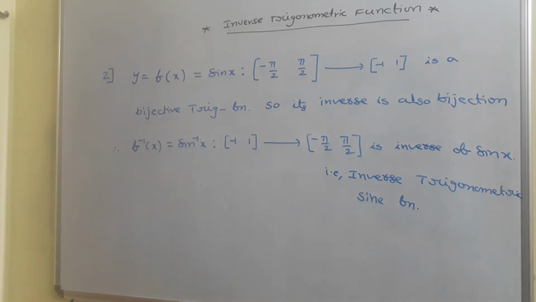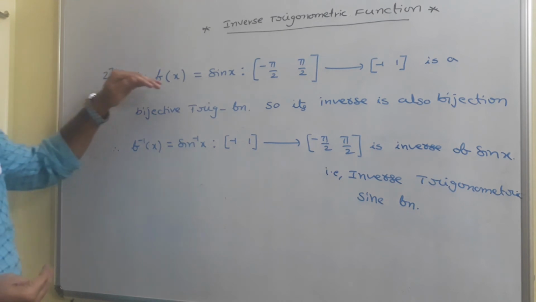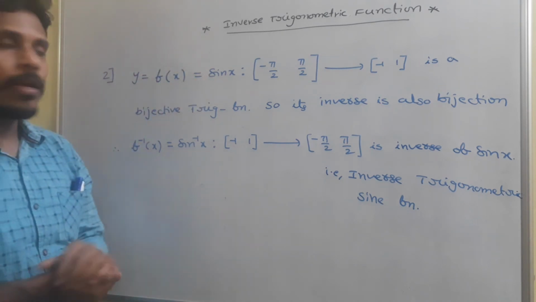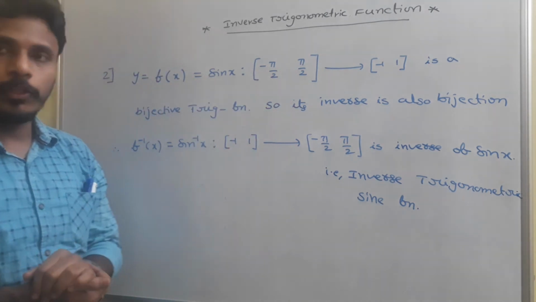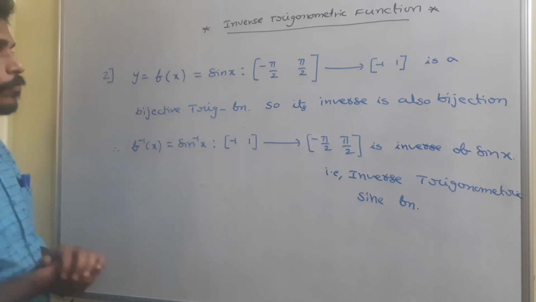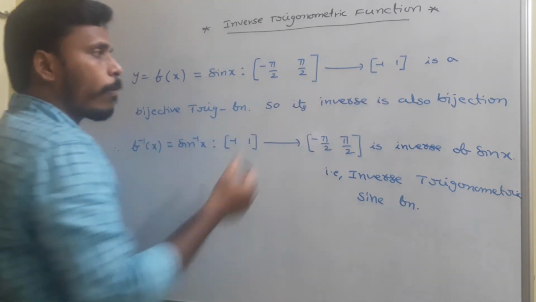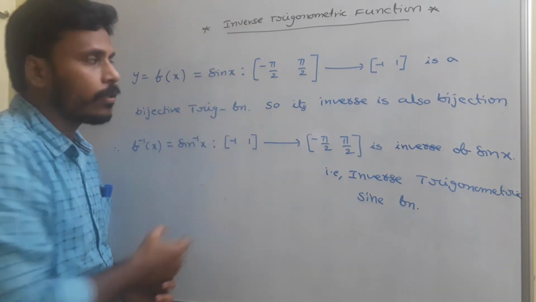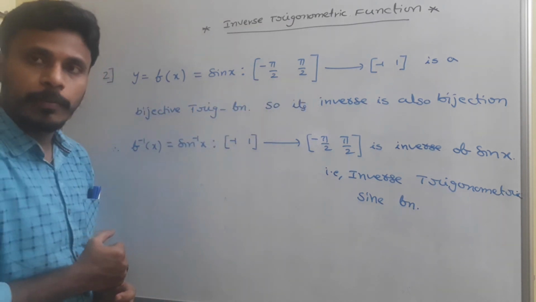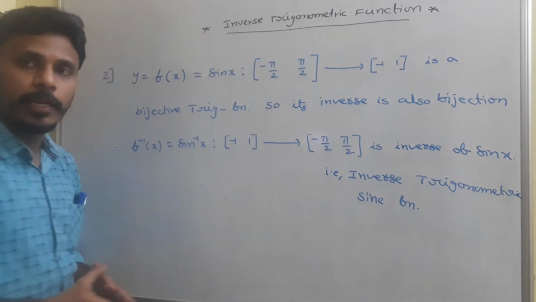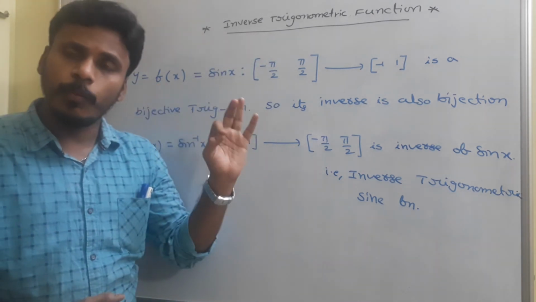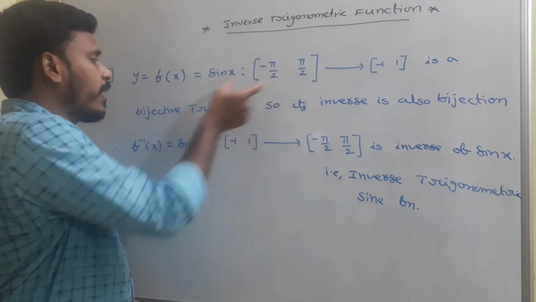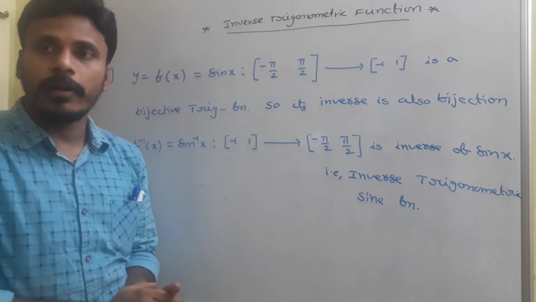So, as we discussed in the second case, you just have a look. y is equal to f of x, which is sin x, from minus pi by 2 to pi by 2, okay, to the codomain minus 1 to 1, is a bijective trigonometric function. See, if the domain is minus pi by 2 to pi by 2 and the codomain minus 1 to 1, this is clearly a function, 1-1, onto, so we say it is a bijective trigonometric function.